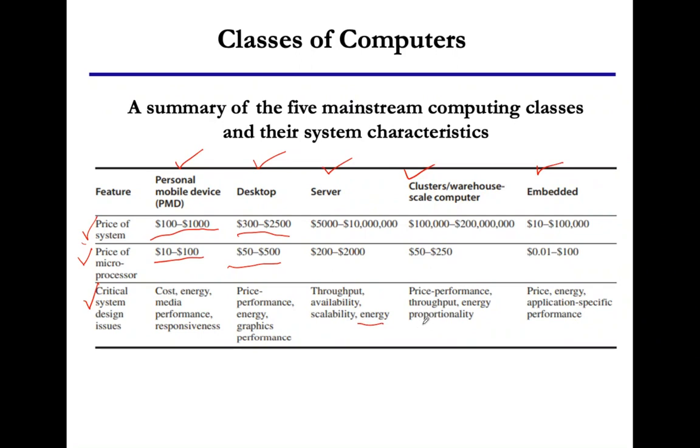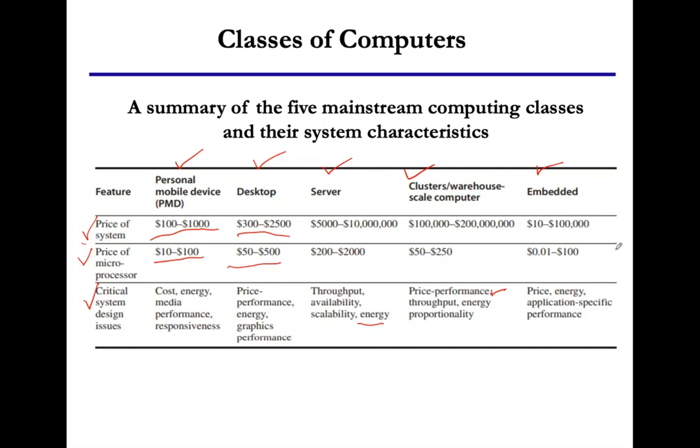And similarly, the clusters are the warehouse scale computers. The critical system design issues here are price performance, reducing the cost, increasing the throughput, and reducing the energy, and proportionality.